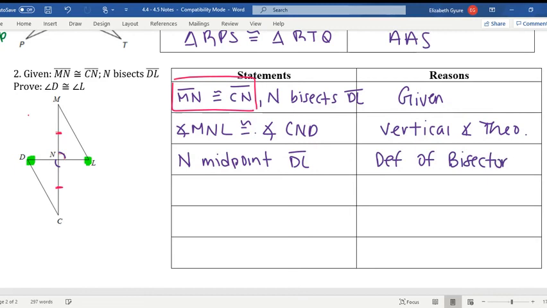Good. Now that we have our midpoint, what can we say now? Julia? Yep, DN and LN, right? Segment DN is congruent to segment LN. That is the definition of a midpoint.